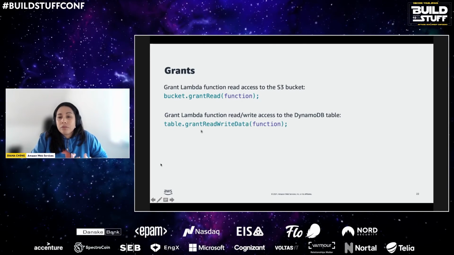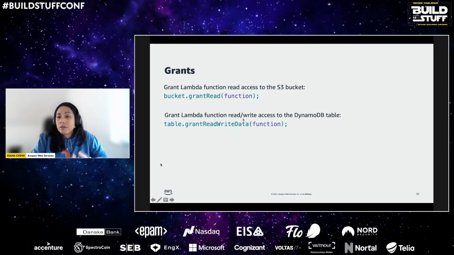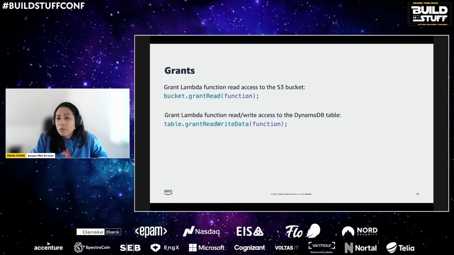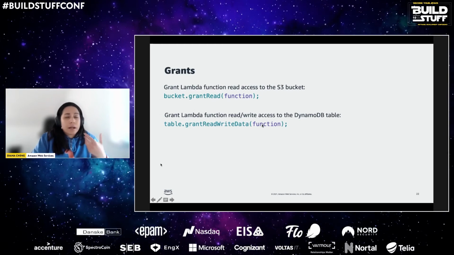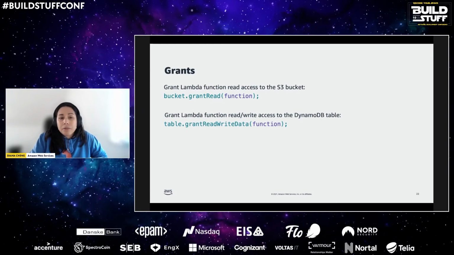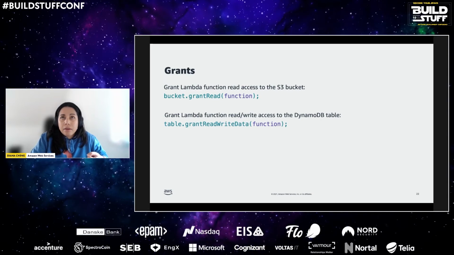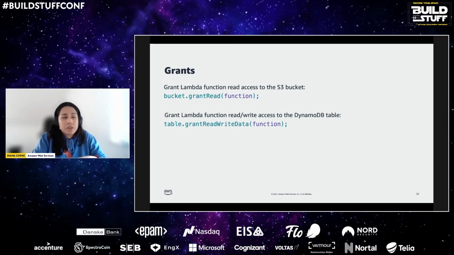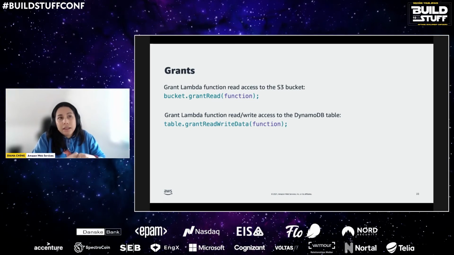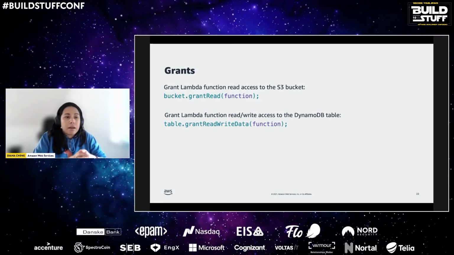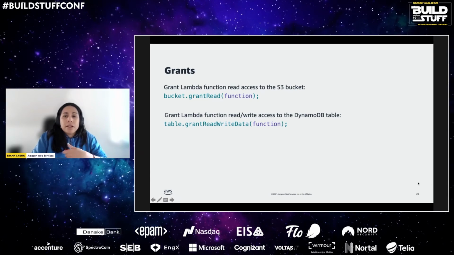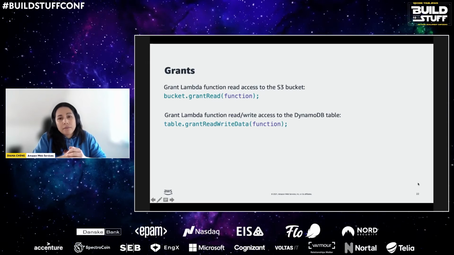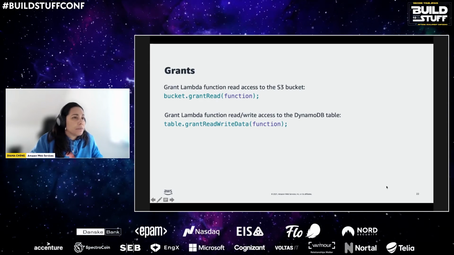If I want to grant read and write for the data that is stored in DynamoDB, then I can also pass a Lambda function, or I could do this for granting permissions for writing into an ECR repository, or granting permissions to use a KMS key to decrypt or encrypt data. It's really just one line of code, and we don't have to take all this effort of specifying that in CloudFormation.